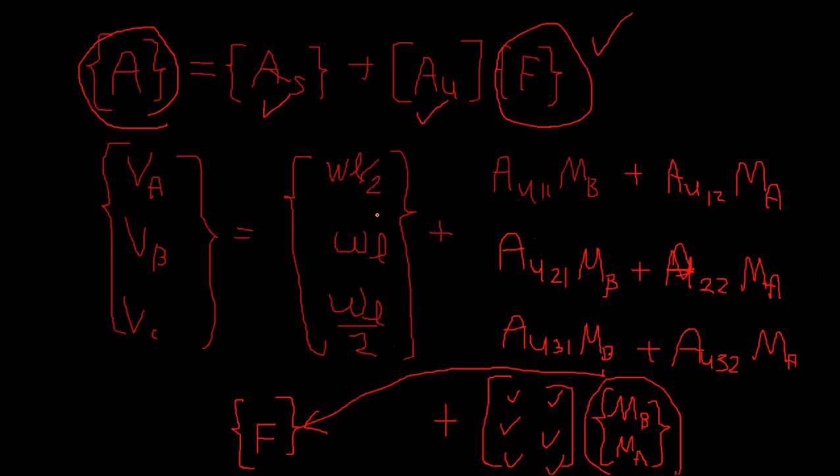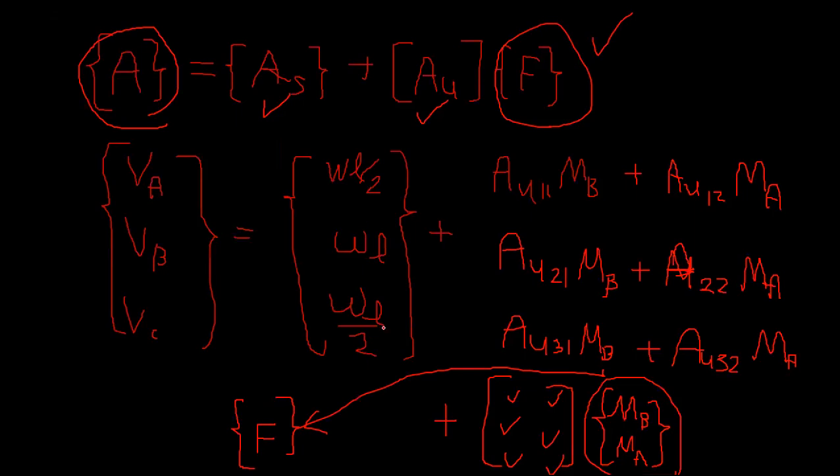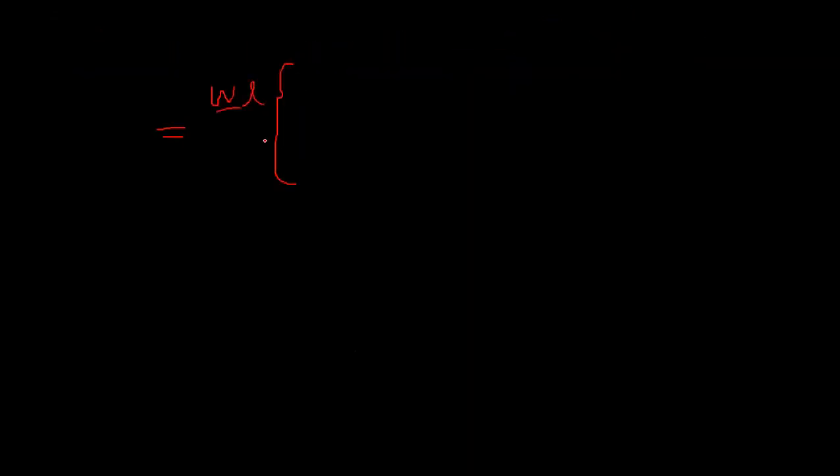I can take WL out. So remaining would be how much? Sorry, I can take WL over 2 out. So it's 1, 2, and 1. Okay. So then you need to find the action unit matrix, right?